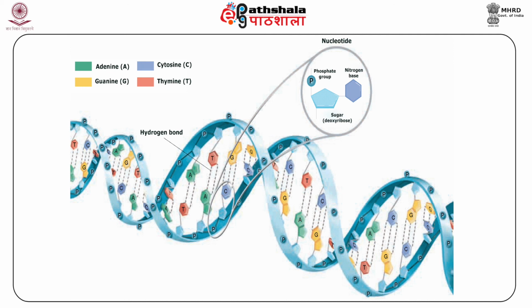Each nucleotide is composed of a nitrogen containing nucleobase, either guanine or G, adenine or A, thymine or T, or cytosine or C, as well as a monosaccharide sugar called deoxyribose and a phosphate group.